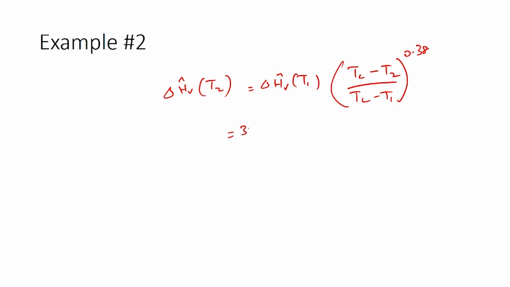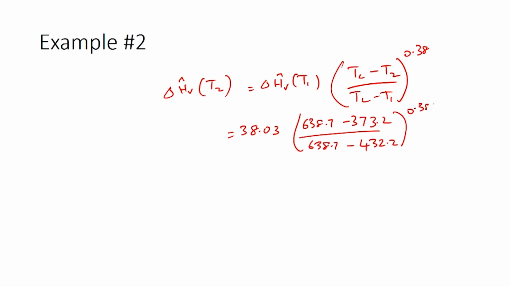Substituting the values, we will use the more accurate value in this case, which is from Trouton's equation: 38.03 times 638.7 minus 373.2 divided by 638.7 minus 432.2 to the power 0.38. This gives delta H cap V at 100 degrees Celsius as 41.84 kilojoules per mole.